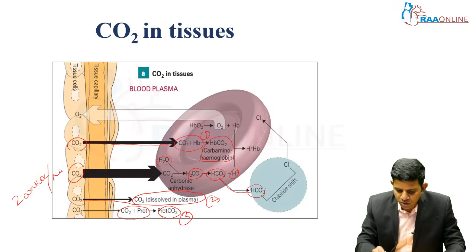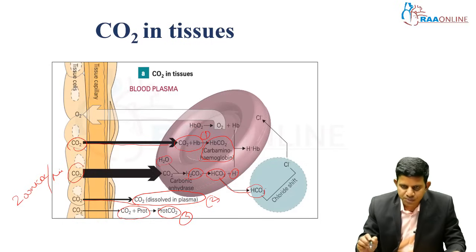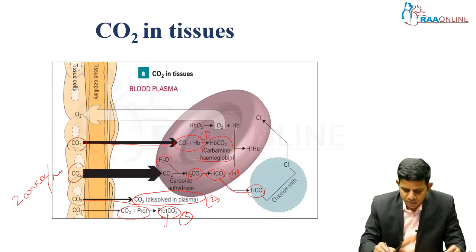One molecule of bicarbonate comes from the RBC to the plasma, and one chloride molecule goes from the plasma to the RBCs. So there are 4 methods by which carbon dioxide is transported from the tissues: binding with protein, binding with hemoglobin, bicarbonate, and dissolved in the plasma. The most predominant method is bicarbonate.